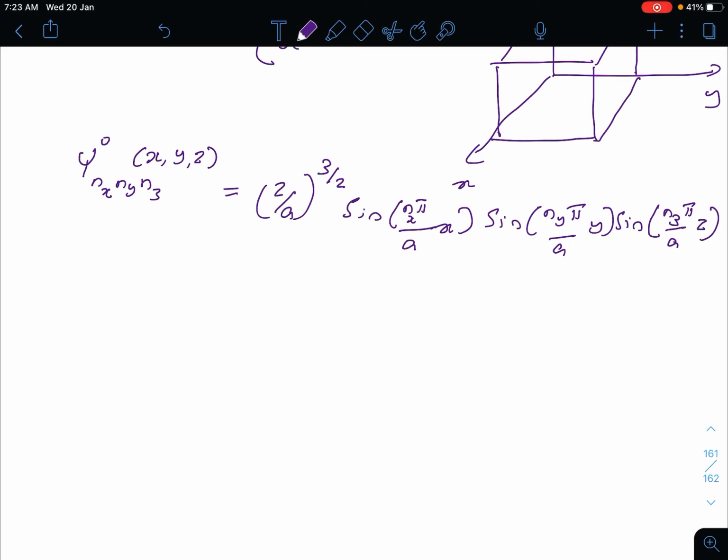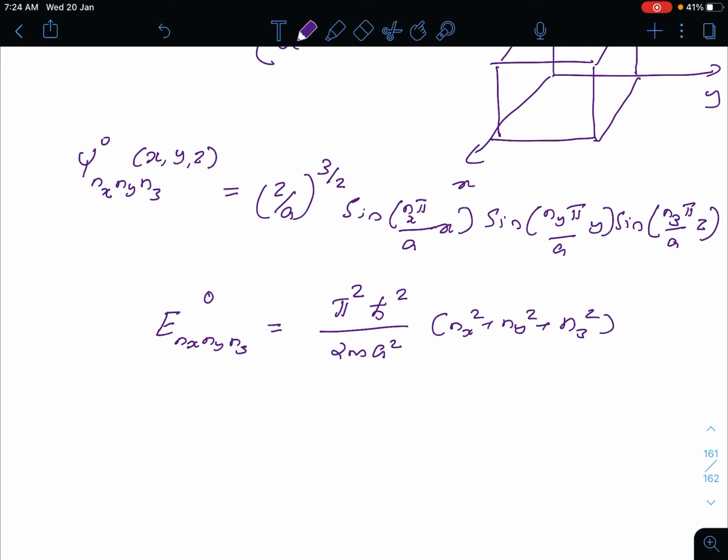So what are the corresponding energy values? E nx, ny, nz of 0 is pi square h cross square by 2m a square into nx square plus ny square plus nz square.